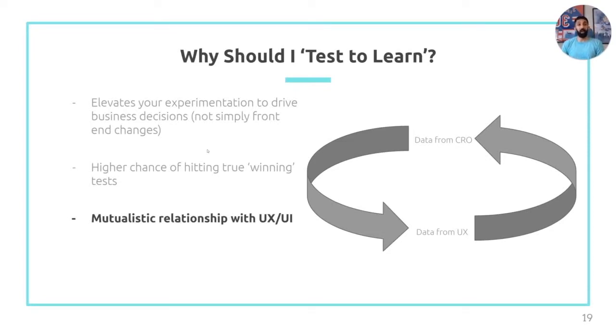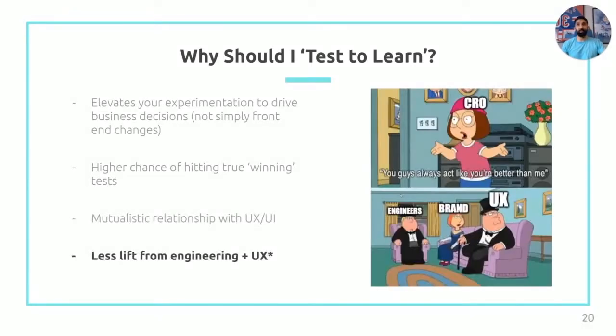And then from there, they will feed that data back into your CRO program to help you build it even more. So it's a mutualistic relationship where you're feeding data into UX and they're feeding data into your CRO program, and it just keeps on going around and around like a carousel. So it not only helps you, it helps the UX team help you. It helps other functions help you. So that's why it's even more important, specifically with the UX team.